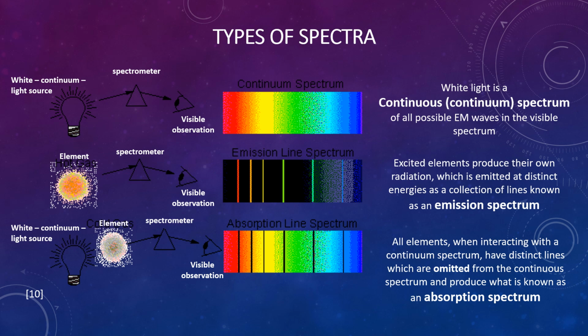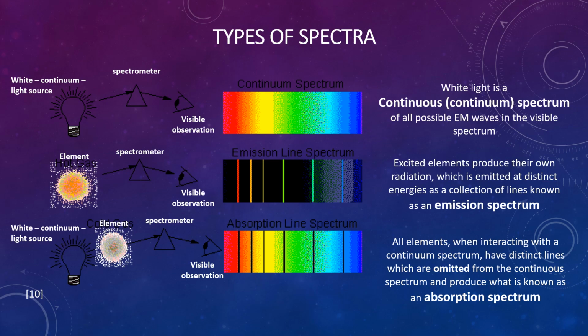And so let's think about an individual element by itself. And if we got this element excited, it would produce its own radiation. So excitations in this case mean that we have the electrons that are orbiting in our atom. They can orbit at certain energy levels, which we'll see more later on.